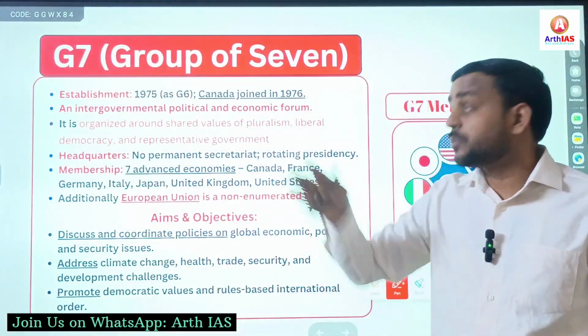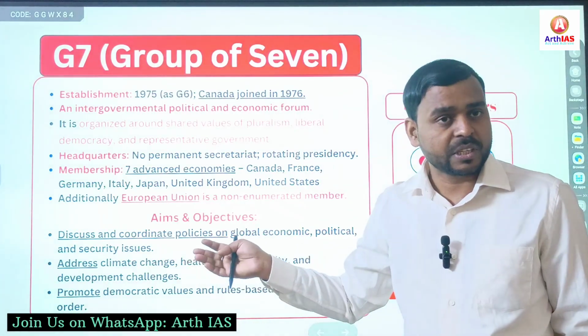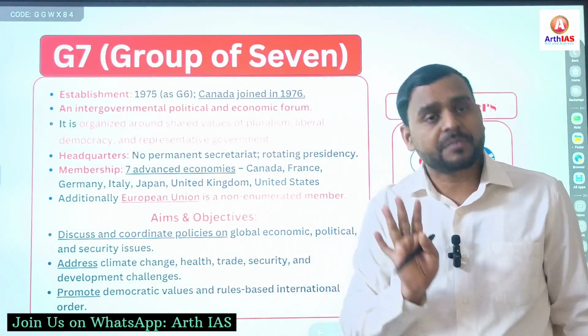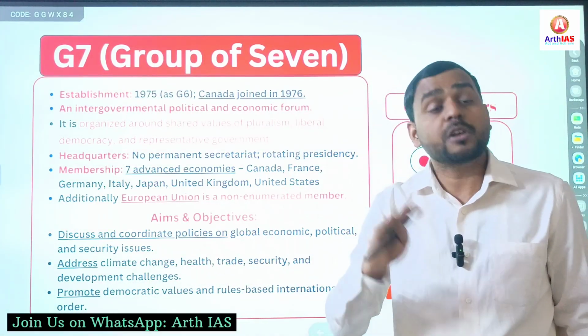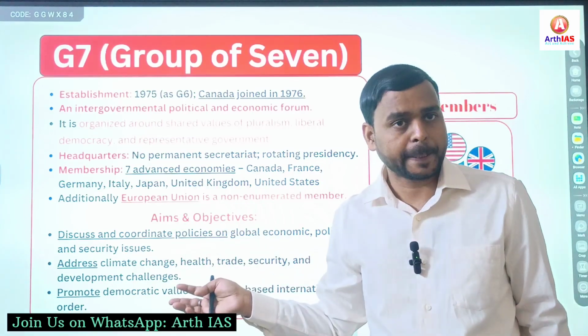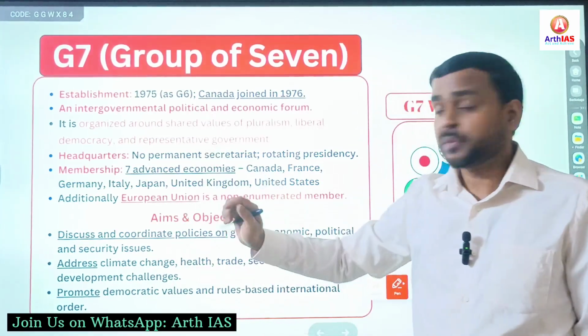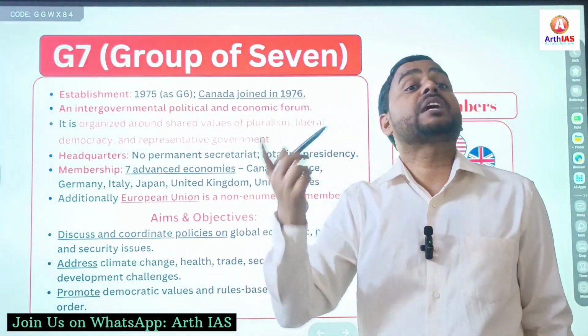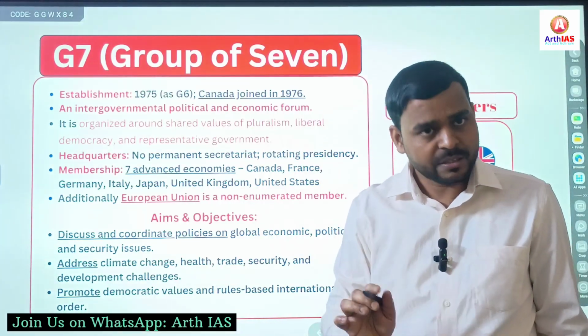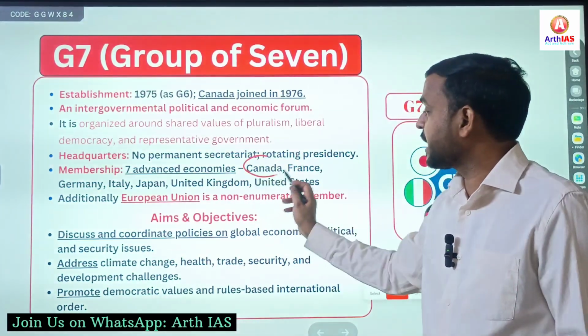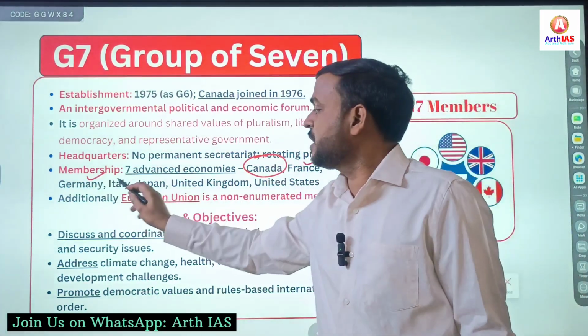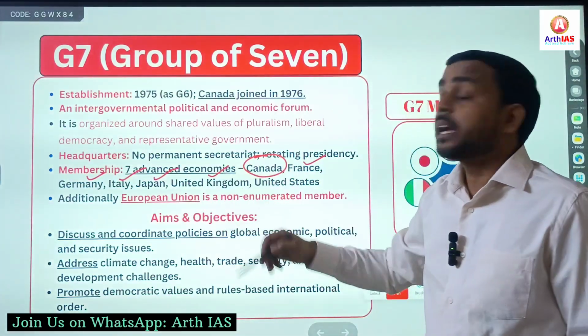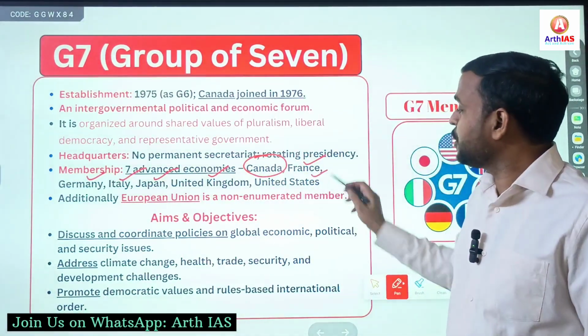The names of these groups, organizations, or bodies are very important, so always remember the names of members. In G7, there are 7 most advanced economies: Canada, France, Germany, Italy, Japan, UK, United Kingdom, and US.